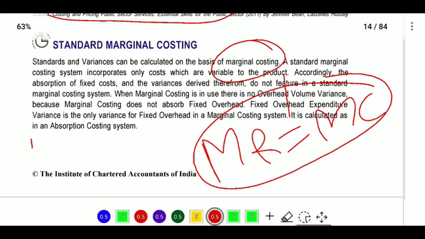When we want marginal revenue, we find the MC. Where marginal costing is used, there is no overhead volume variance because marginal cost does not absorb fixed overheads. Fixed overhead expenditure is the only fixed overhead variance in a marginal costing system.